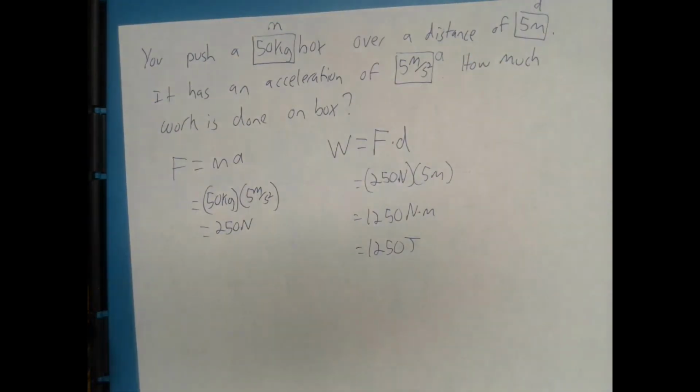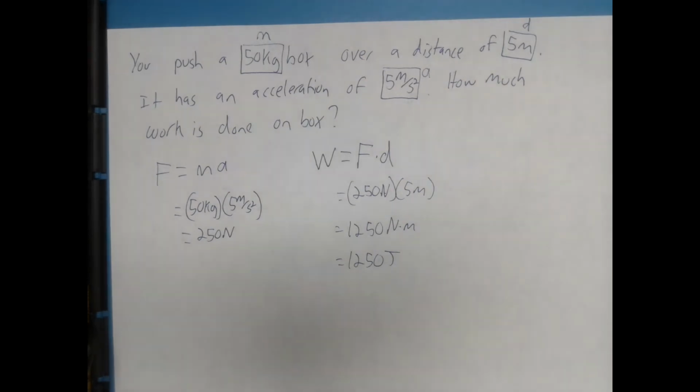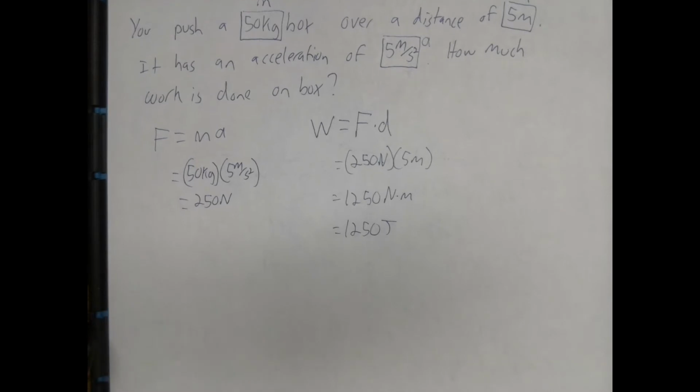In this example, I don't give you force anywhere. You have to recall that force is equal to mass times acceleration. So you can't just look at the numbers and start plugging them into a formula. You have to actually pay attention and actually work the problem out.